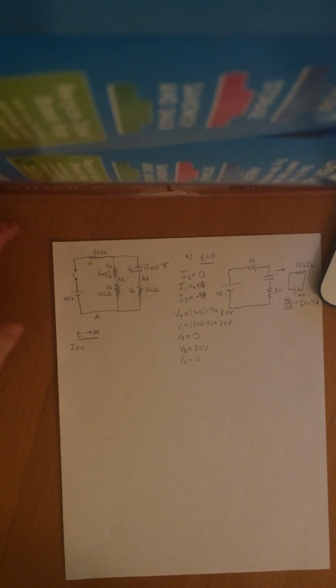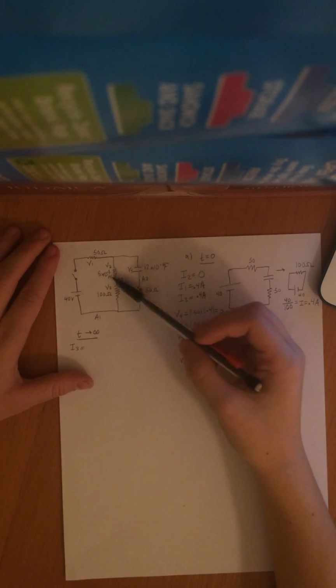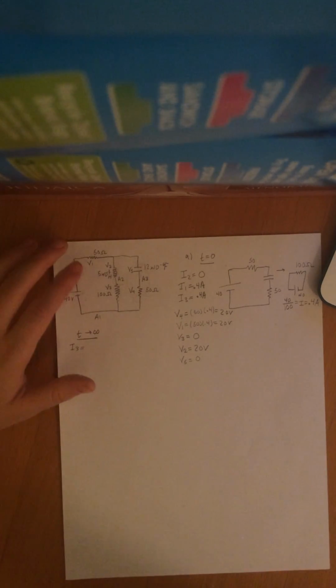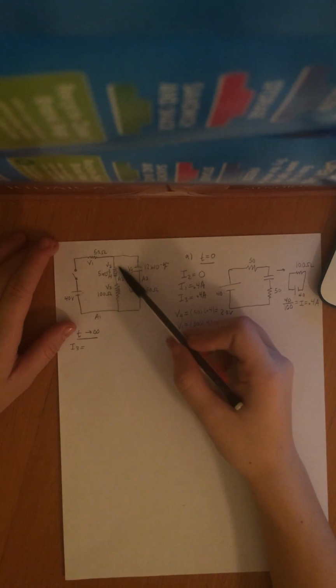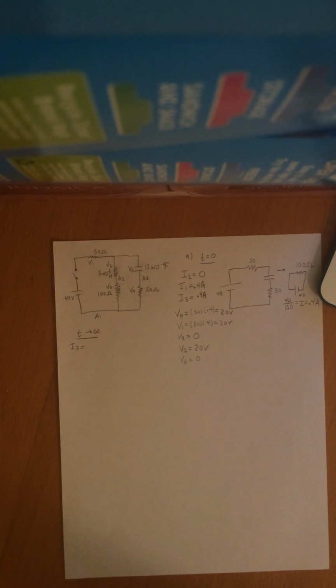Since there's no change in I with time any longer, the induced voltage will be 0. The inductor basically will just act as though it's a wire.